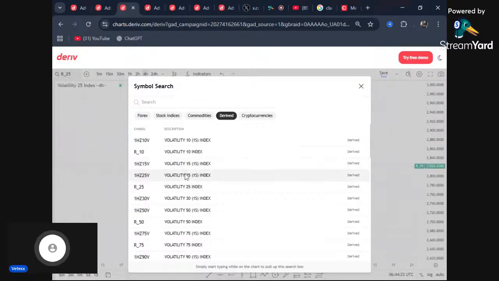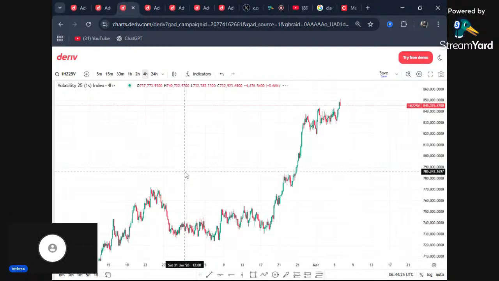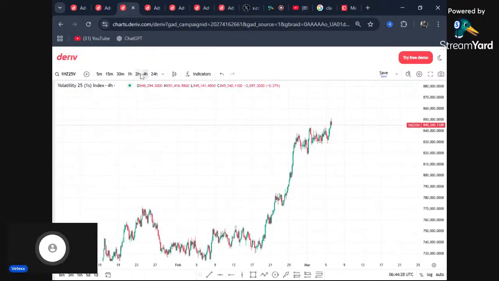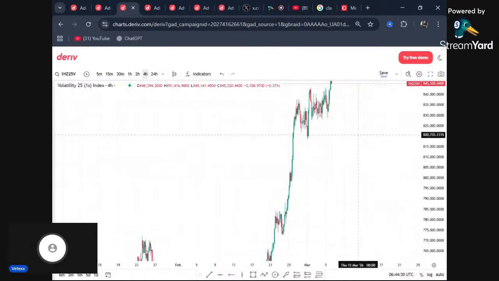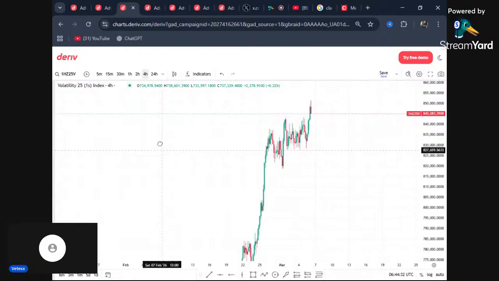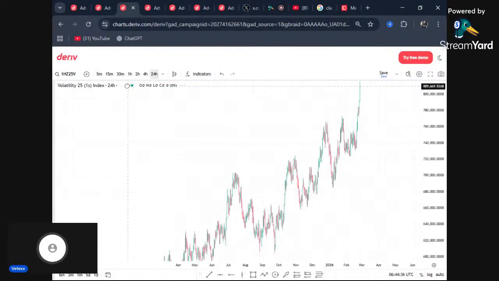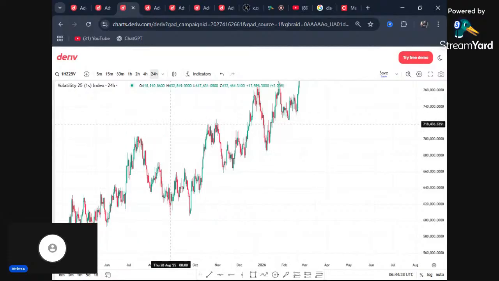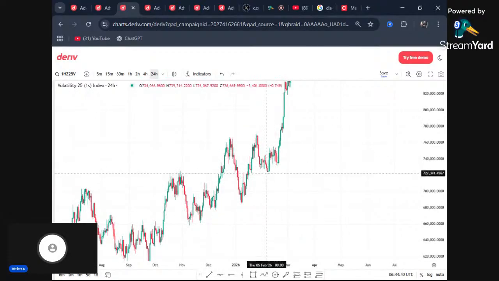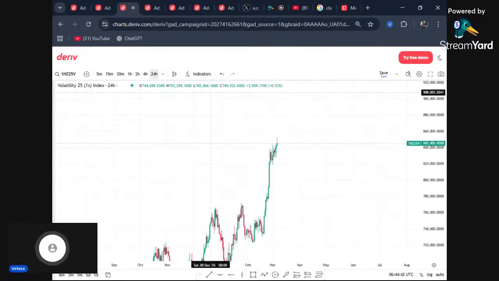And the next pair on our list is V25 1S. What do we have on V25 1S? Starting from the 4-hour time frame, you can see clearly it's bullish on the 24-hour. In the 24-hour, we have this buy, which has already smashed the target, which is here, and then we have a continuation right here on the 2-hour time frame.